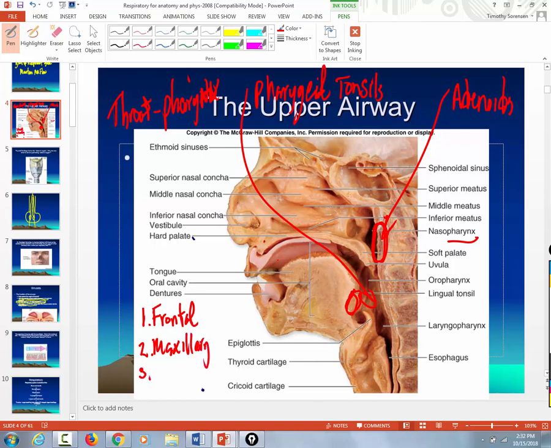and then you have the sphenoid sinuses, 2 of them, and then number 4 is the ethmoid.